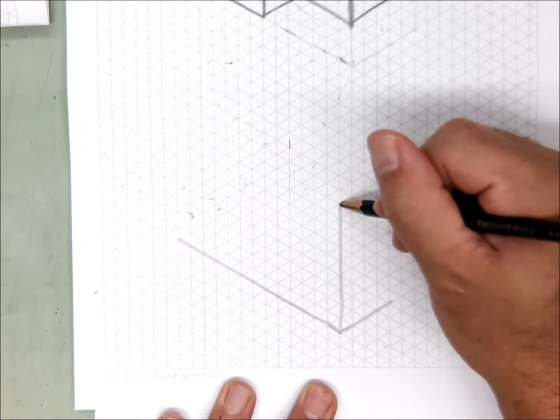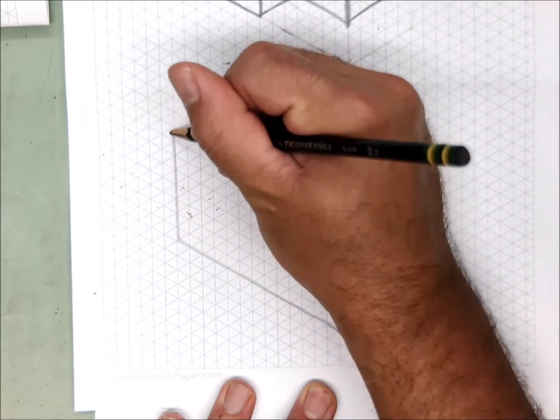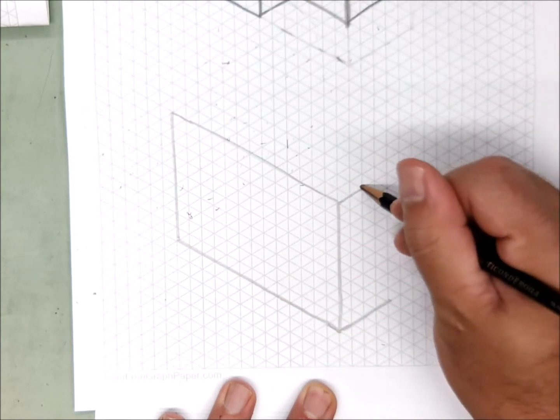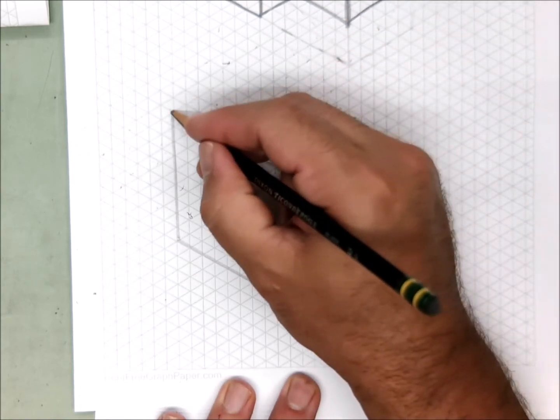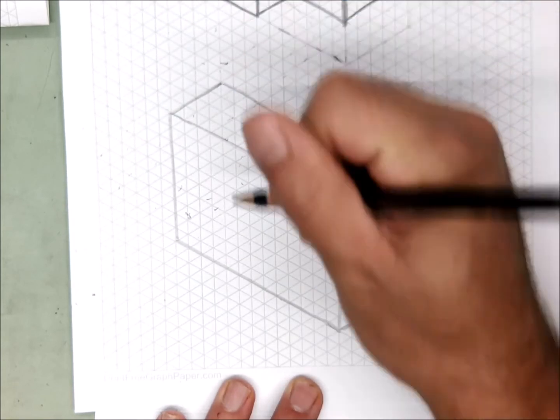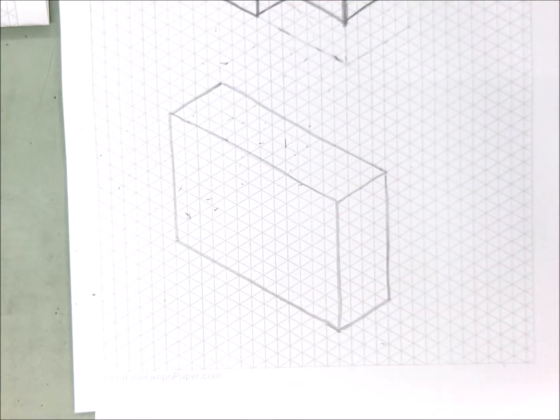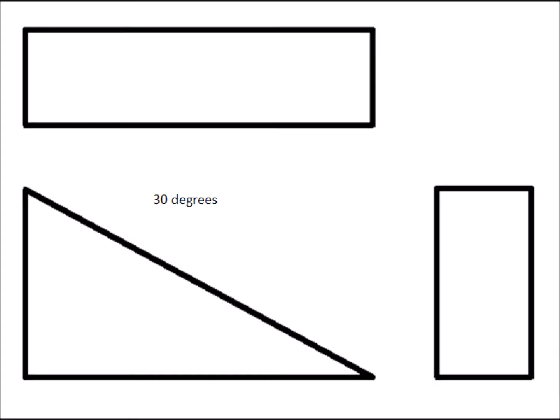Okay, and we'll create our front surface, our right side surface, and we'll create our top surface. Looks pretty good.